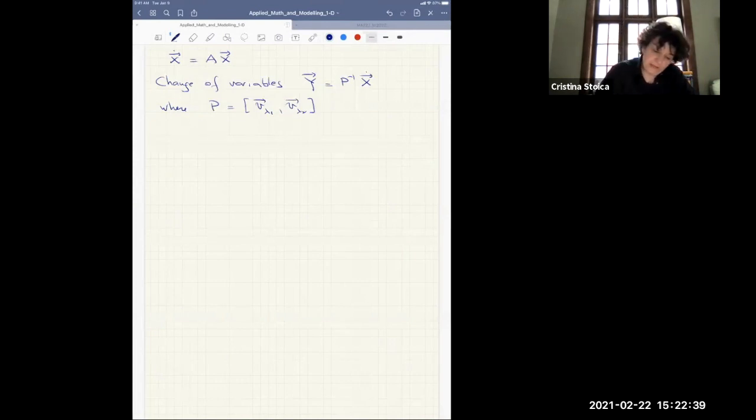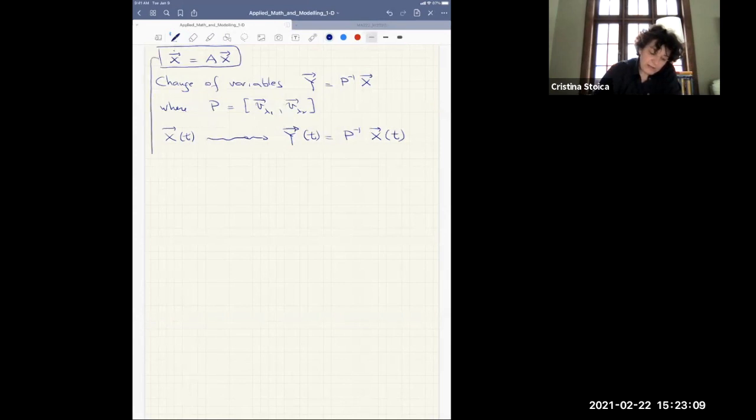So I'm doing this change of variables. In other words, here we had x of t, and now we go to y of t equals P minus 1, which is a matrix with constant entries, times x of t. So now we had our equation x dot equals Ax.